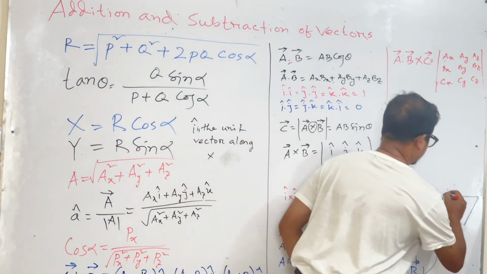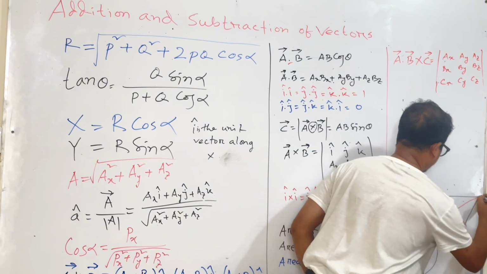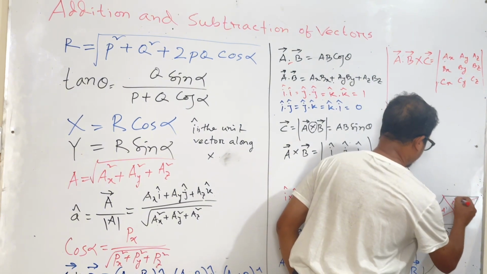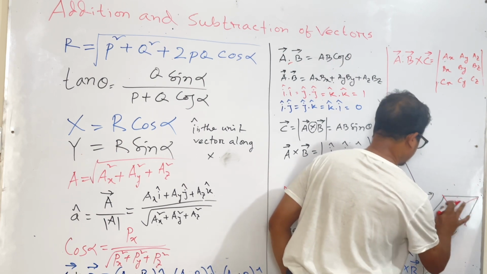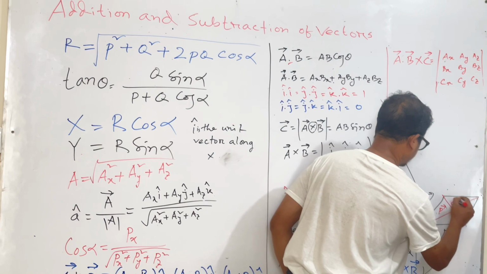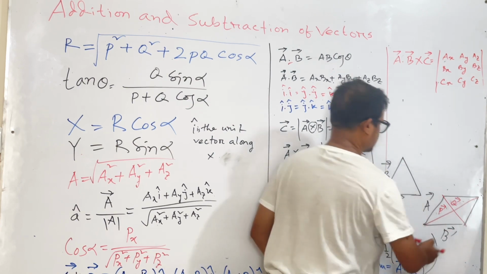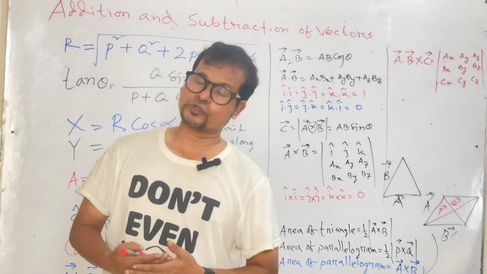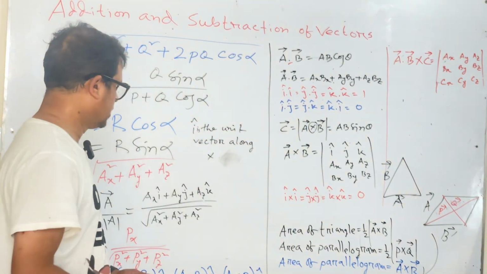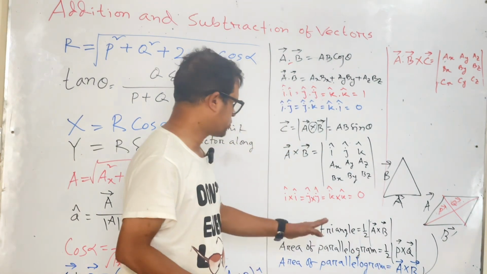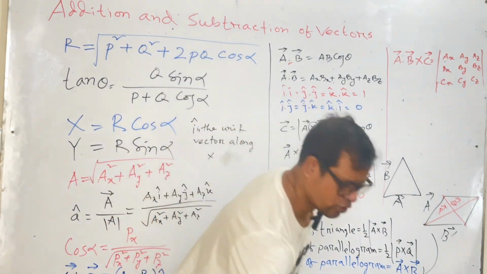Suppose this is the diagonal p vector and this is the other diagonal q. We apply the formula half p vector cross q vector. Area of a parallelogram also equals a vector cross b vector.